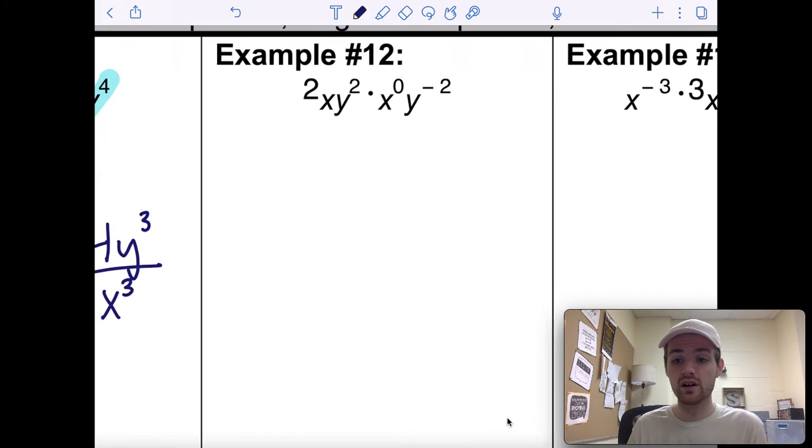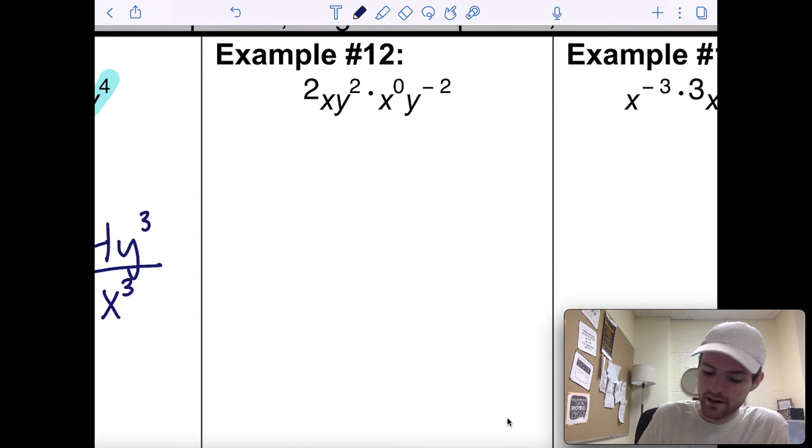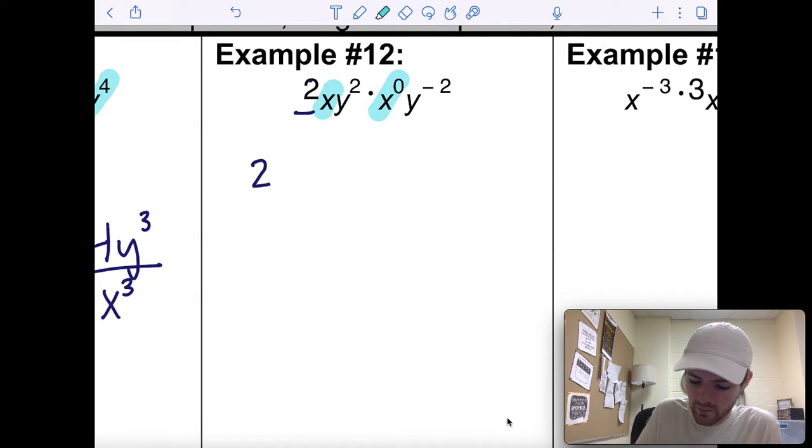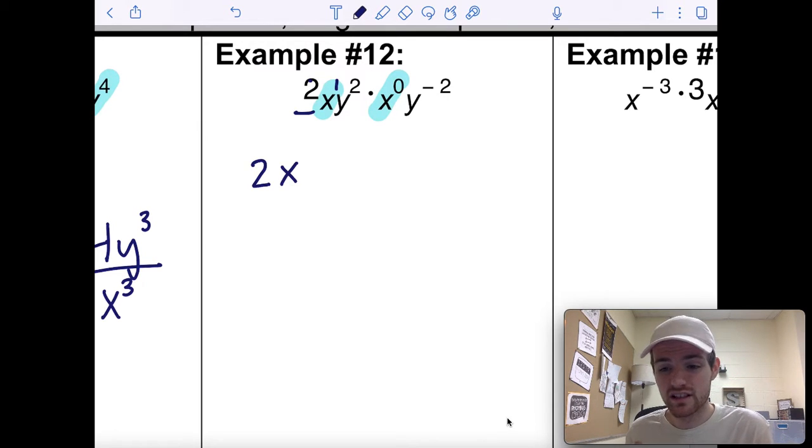Example 12, pause if you need time to work on it. I'll begin in 3, 2, 1. Okay, same thing. This 2 looks a bit funky. It should just be out in front. It's a base. That's the only 2 I see, so I'll just write it. Now let's group together all the x's. Here's something that you can do.